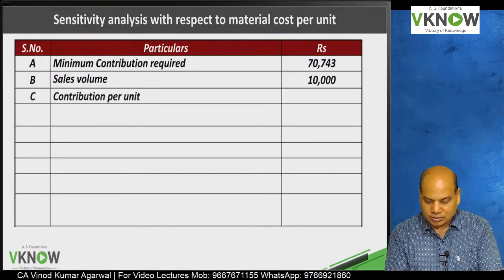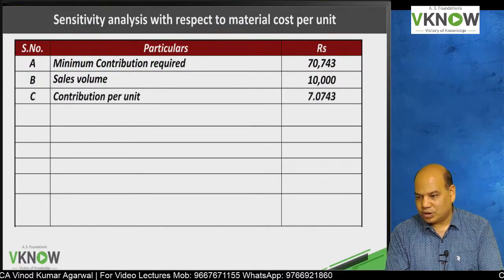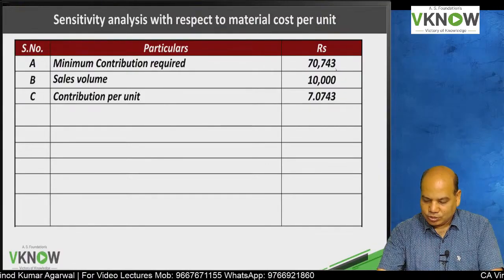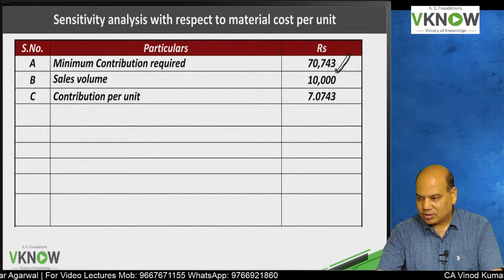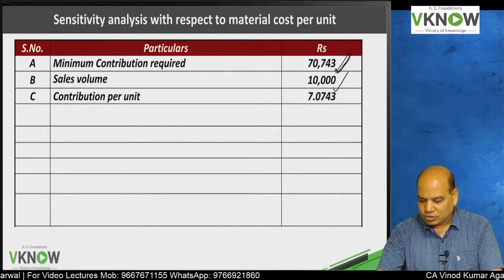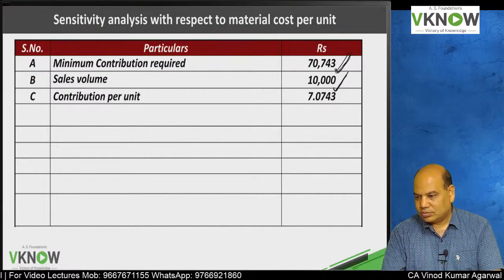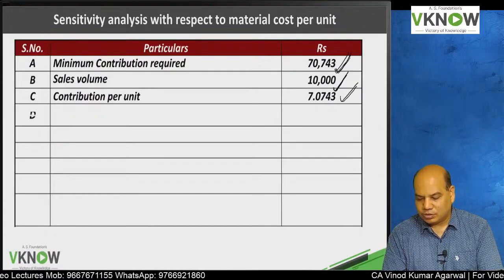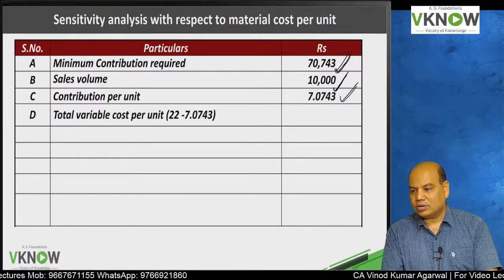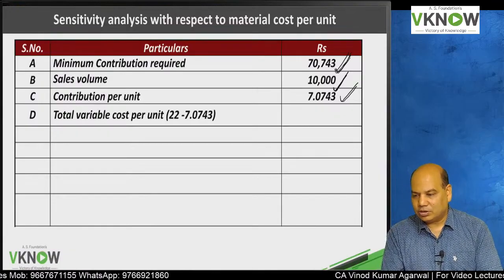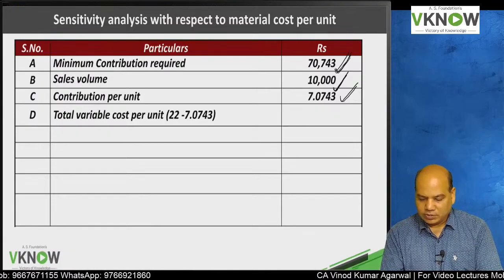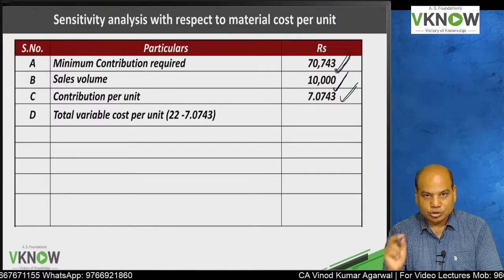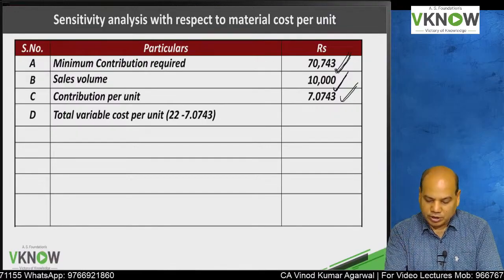Then the next is contribution required per unit. In order to earn 70,743 contribution, with sales volume 10,000, contribution per unit has to be 7.0743. And what is my total variable cost per unit required?